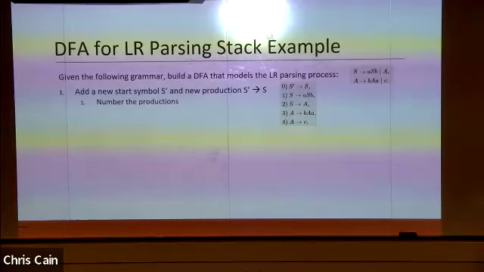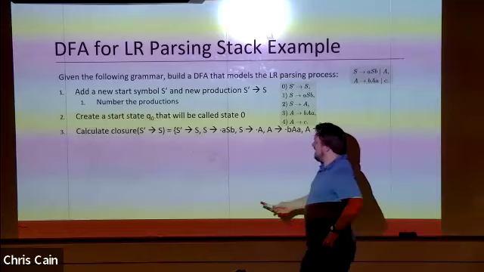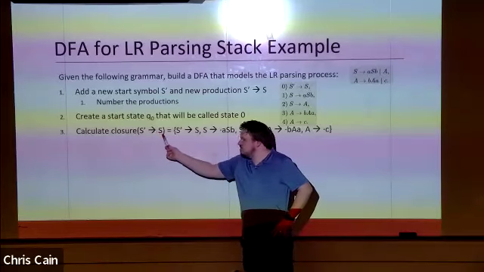Then we start in on the DFA. With state 0, we now need to calculate the closure of this S prime arrow S. And that's going to give us the closure of the very beginning state. You can see that this means that we put a dot ahead of this S, which says, what do we do to move past this S?